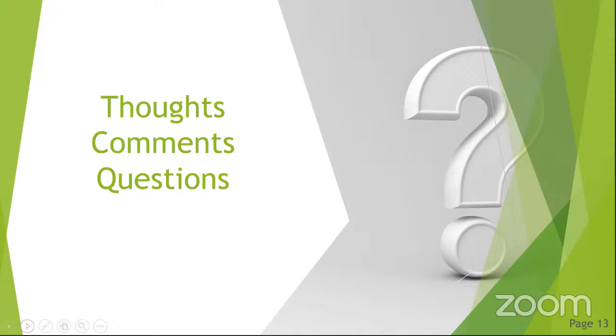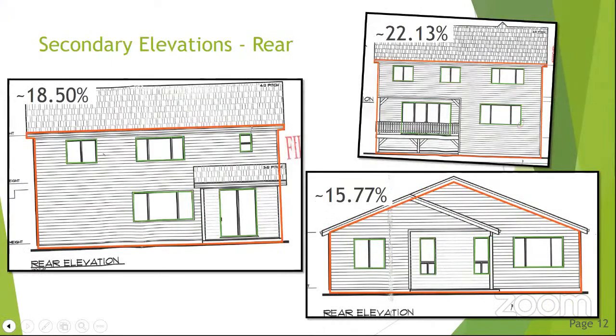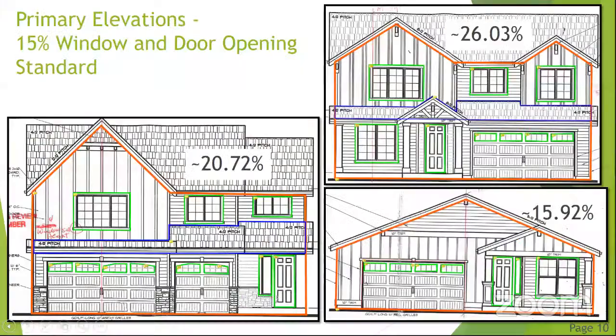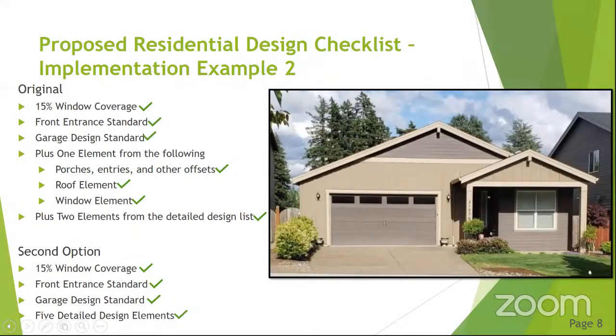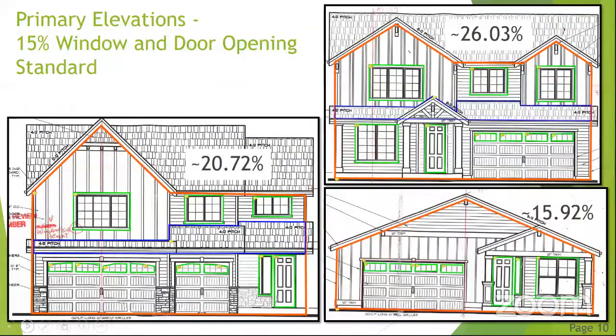I wanted to weigh in real fast. I like the 15% window coverage on the front, but I was noticing in that second house that we saw, the smaller one on slide number 8, I'm assuming that the door front, which doesn't face the street, was added to the calculation. That's what it looks like on the next slide.